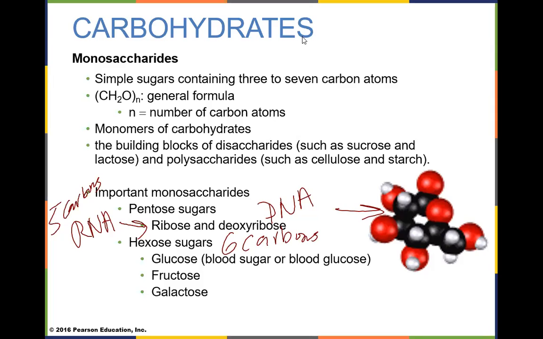So these are the monosaccharides. All of our carbohydrates are built off of any one of those 3 6-carbon sugars. Glucose is a 6-carbon sugar. Fructose is a 6-carbon. Galactose is a 6-carbon sugar. Those are the building blocks for all the rest.